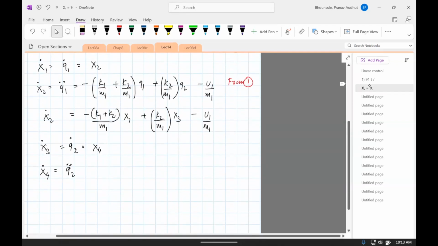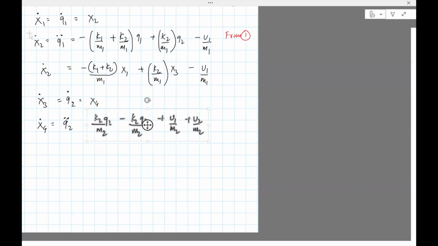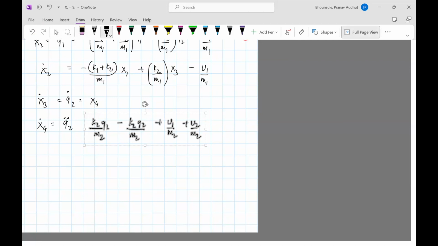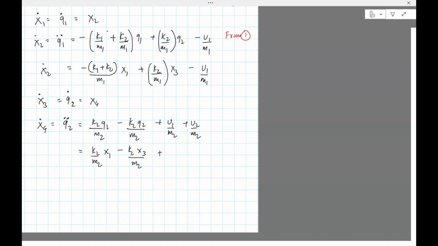Okay, so I need to write everything in terms of x1s, x2s, x3s and x4s. So k2 divided by m2, q1 is x1, q2 is x3, plus u1 divided by m2 plus u2 divided by m2. This is m2.